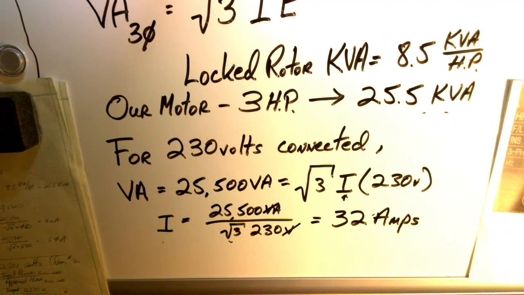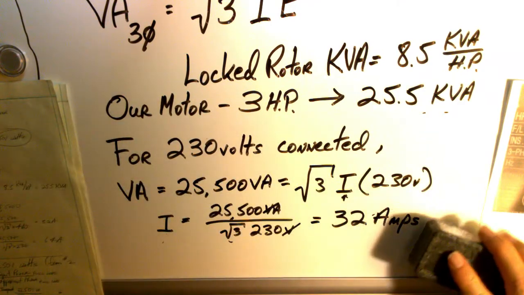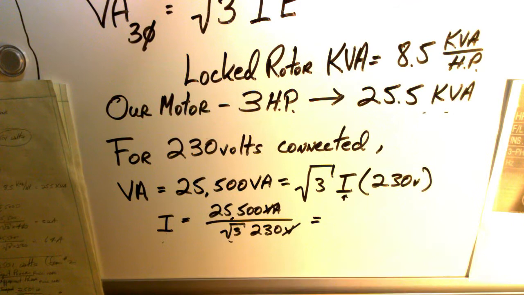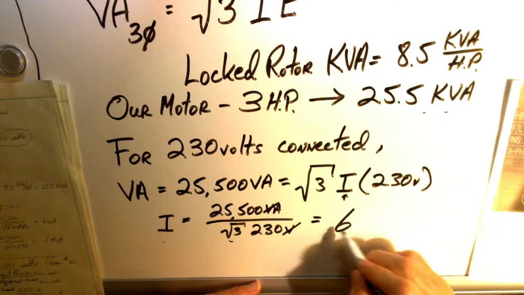Now then, I'm going to do that to see what the current would be at 460 volts. Let me check my math. Okay. Ooh, no, I made a mistake. Anybody catch me on that? Congratulations if you did. I hope you have the courage to say something to me about that. That answer is 64 amps.